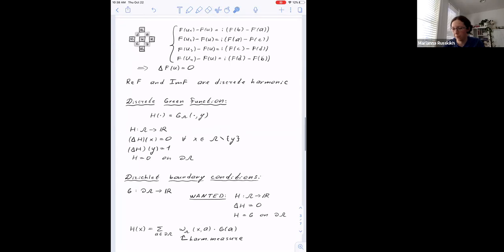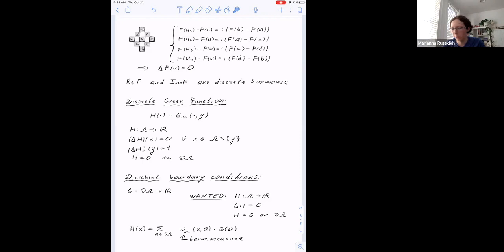So if we take our discrete holomorphic function and consider the discrete version of the Cauchy-Riemann equations on the 4 white squares which neighbor some black one, then it's easy to check that if you just add all of them, we get that the discrete Laplacian at this black square is 0.